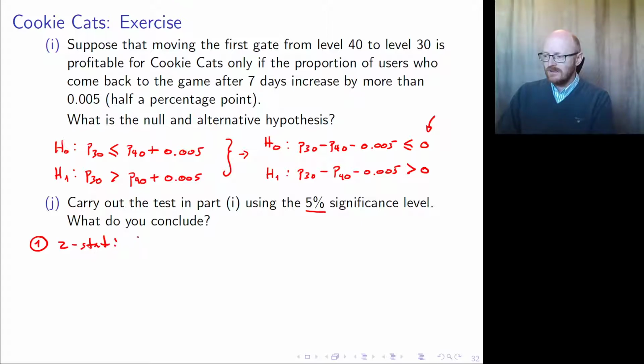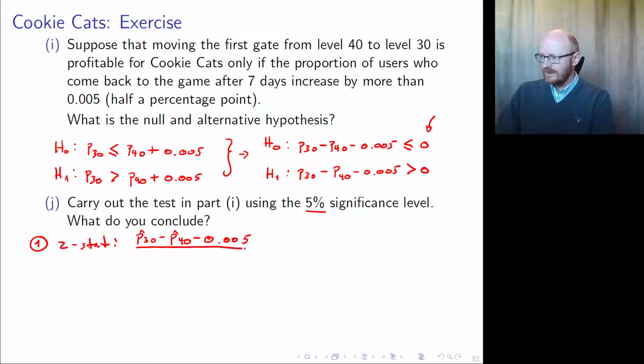We take just the sample proportions and take the difference between the sample proportion after the change minus the sample proportion before the change, but we are kind of penalizing this, and we need to make this difference bigger for it to be economically significant, right?